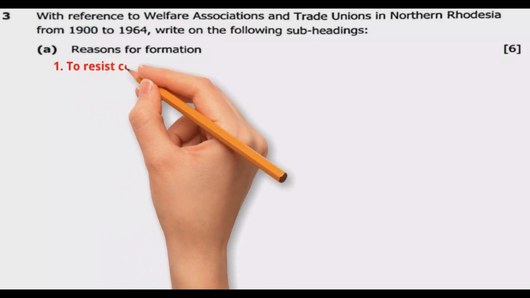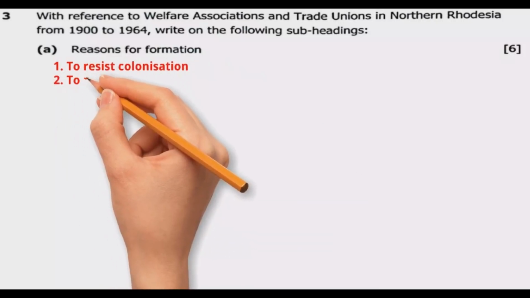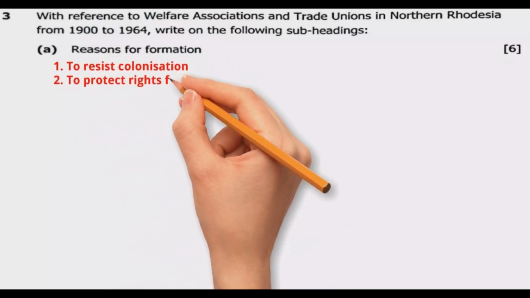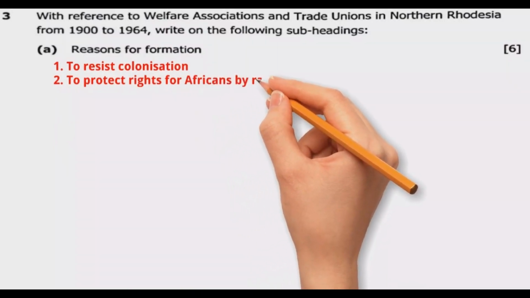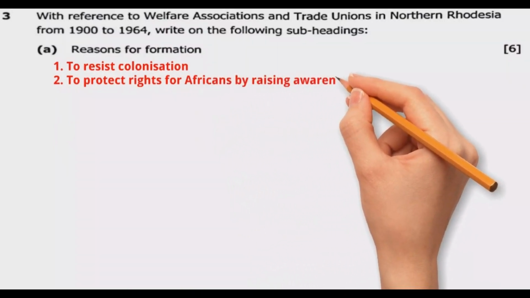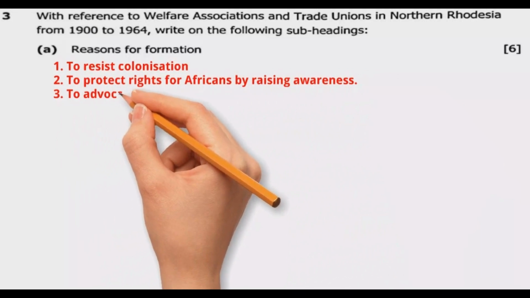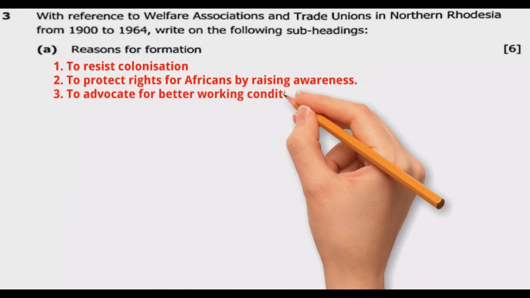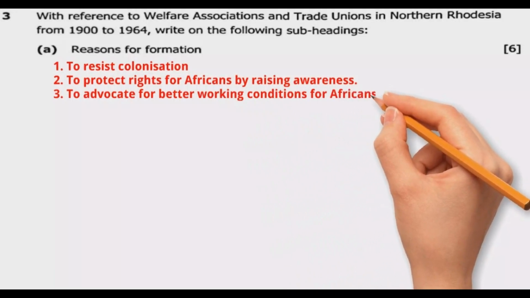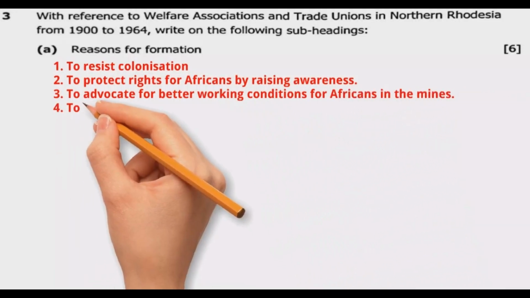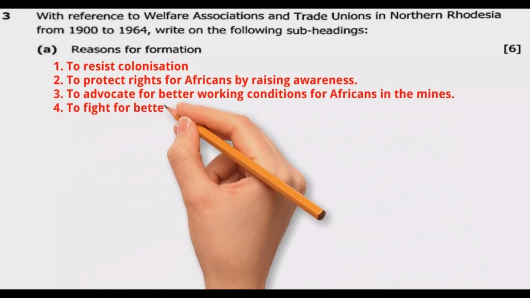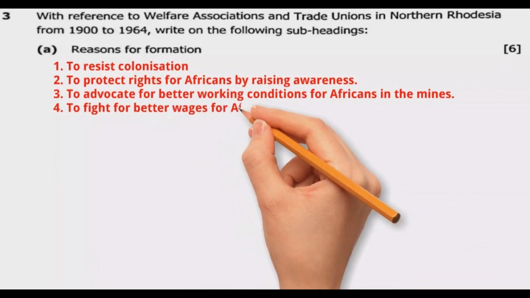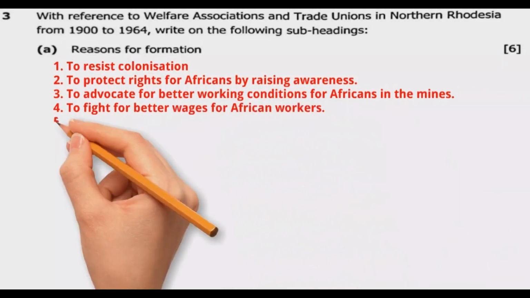1. To resist colonization. 2. To protect rights for Africans by raising awareness. 3. To advocate for better working conditions for Africans in the mines. 4. To fight for better wages for African workers. 5.